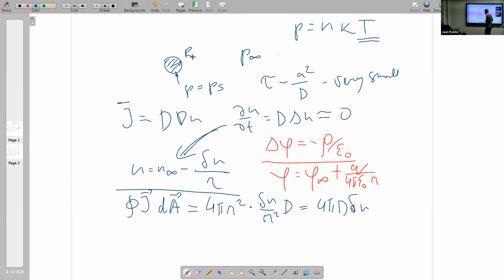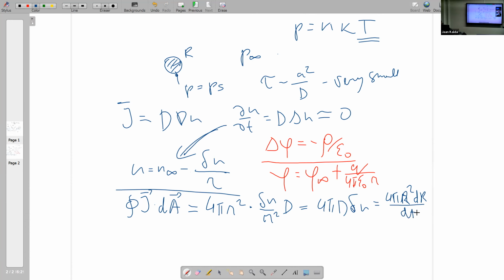R capital is the droplet radius, and then this thing here is going to be equal to the change of the droplet volume, and this is now 4 pi R capital squared multiplied by dR over dt. So the flux is per unit time, divided by dt.